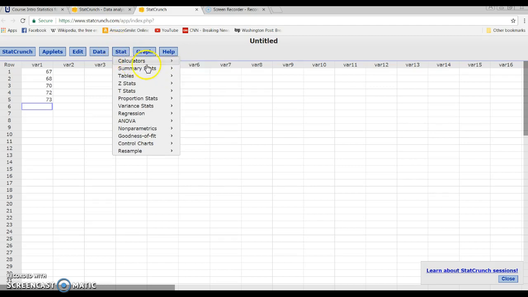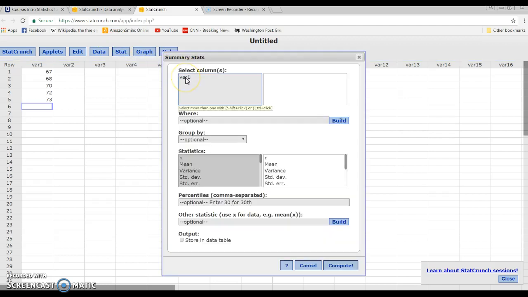So under Stat, Summary Stats, we've got columns here. So select our variable, and let's suppose we want the variance. We want the standard deviation, so I'm going to hit Control and click on what I want here, the standard deviation.